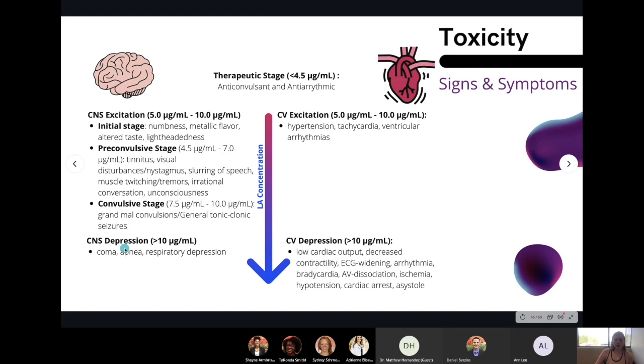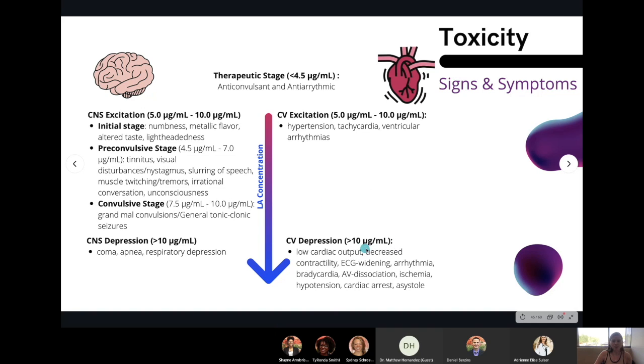Following that, at 10 micrograms per milliliter or above is where CNS depression happens, and that's where you'll see coma, apnea, and respiratory depression. The cardiovascular excitation also starts between 5 and 10 micrograms per milliliter, but it's a little less severe: hypertension, tachycardia, and ventricular arrhythmia.